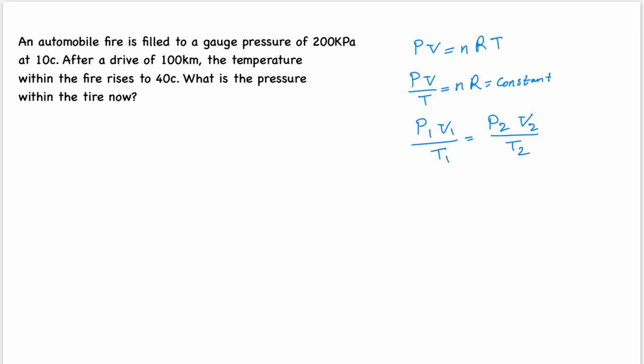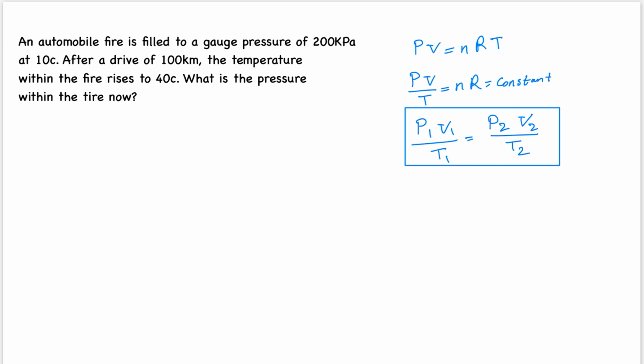P1, V1, and T1 are the initial values, and P2, V2, and T2 are the values after the changes that happen. So we have this formula, which is useful to solve this example.